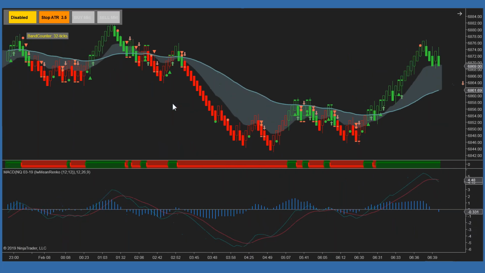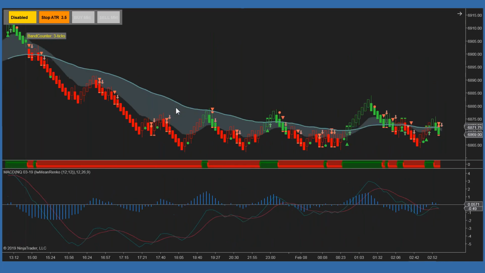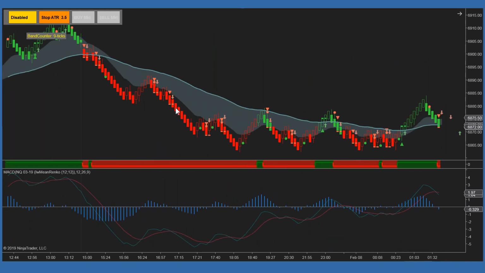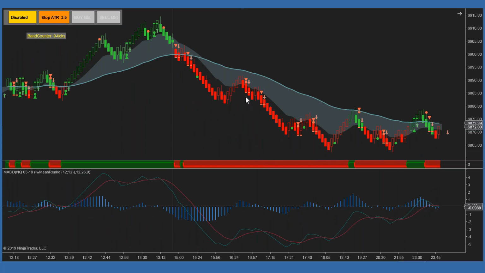Let's see if we can find one. First, we need to find something resembling a trend. Isn't that odd? Here was a very solid trend change signal, and yet on the MACD, the Eagle was decidedly bullish.